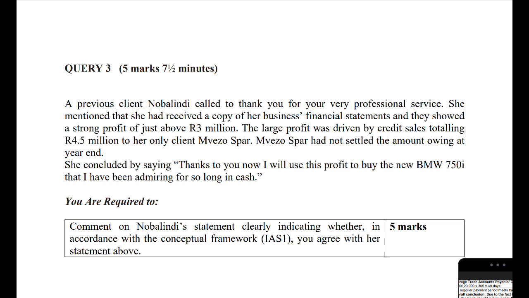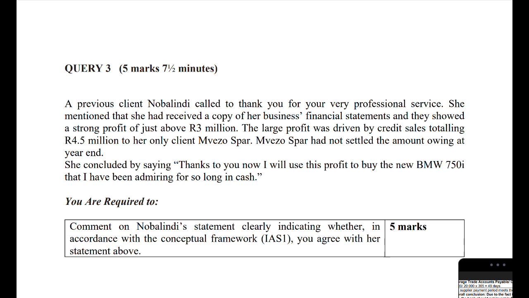Now she concluded saying, thank you, I will use this profit to buy the BMW 750 that I have been admiring for so long in cash. Now, you know IAS1: all income and expenses must be recorded in the same financial year, the accrual concept. Here she's saying she got such a large profit, so let me buy a car in cash.